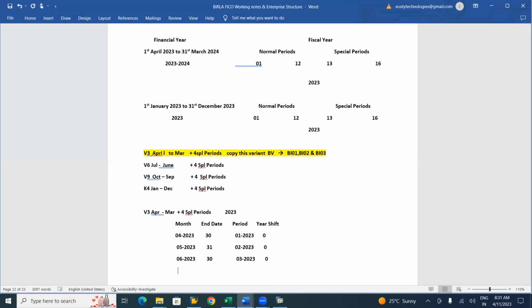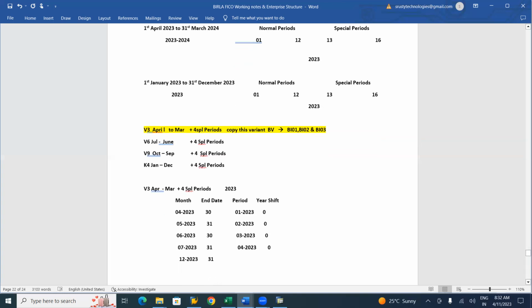Like that, I'll take one more month, 07 2023, 31. Which period is this? Fourth period, July, 2023. Year shift is 0. And so July, August, September, October, November, December. For example, we are in December, that is the 12th month, 2023, 31 days.